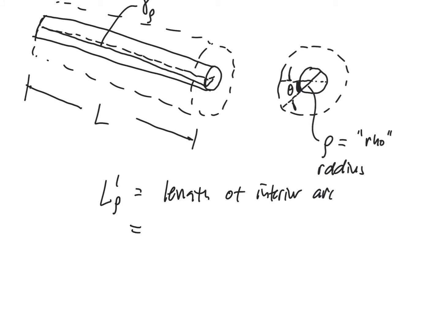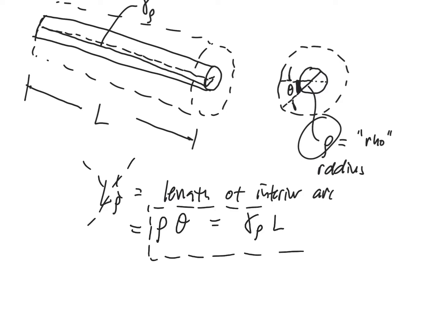I can either say it's going to be rho times theta, so I'm going to get this circular segment from the end face, or I can sweep the shear strain at that radius rho multiplied by the length. So again, that lets us eliminate that value because what we've done is we've matched our two kinematic variables of rho and gamma at rho.